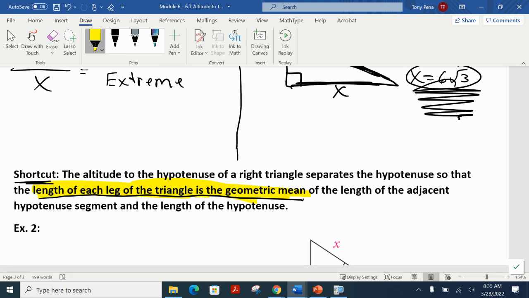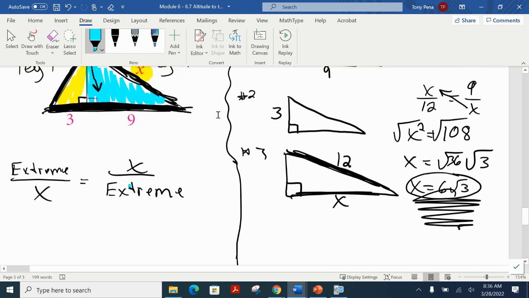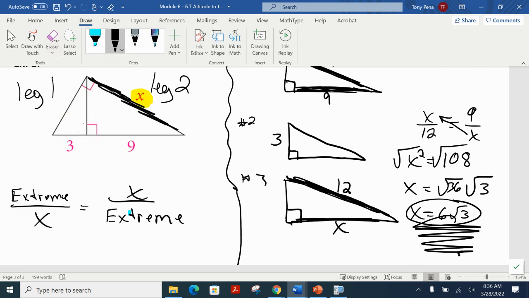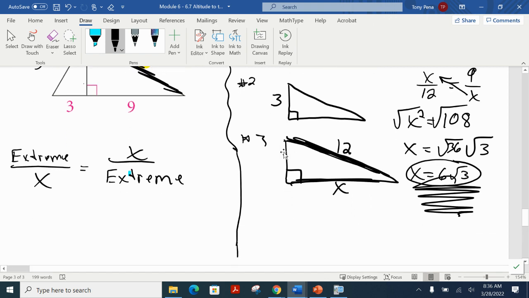And then if we continue to read, it says to the length of the adjacent hypotenuse segment, and then the length of the hypotenuse itself. So here's what this now means. Let me clean this up just a little bit. So here's the side we are looking for. Adjacent means right next to.